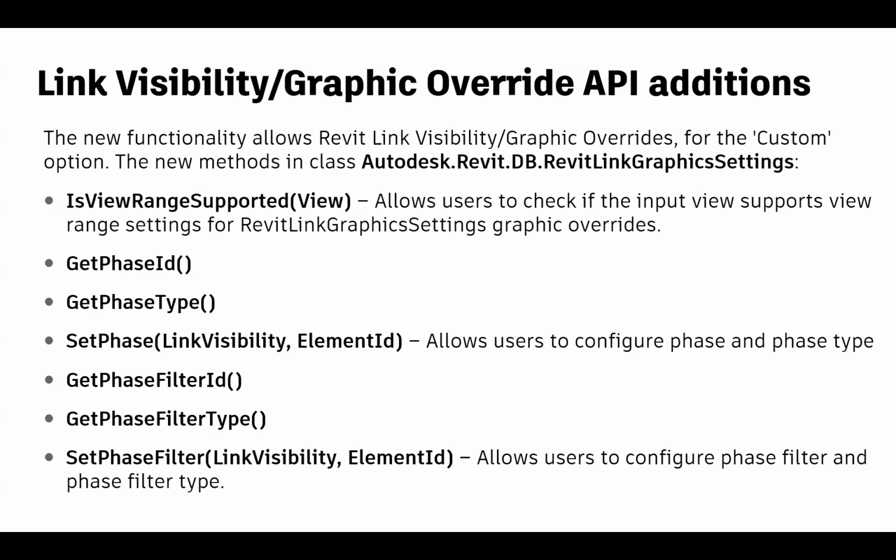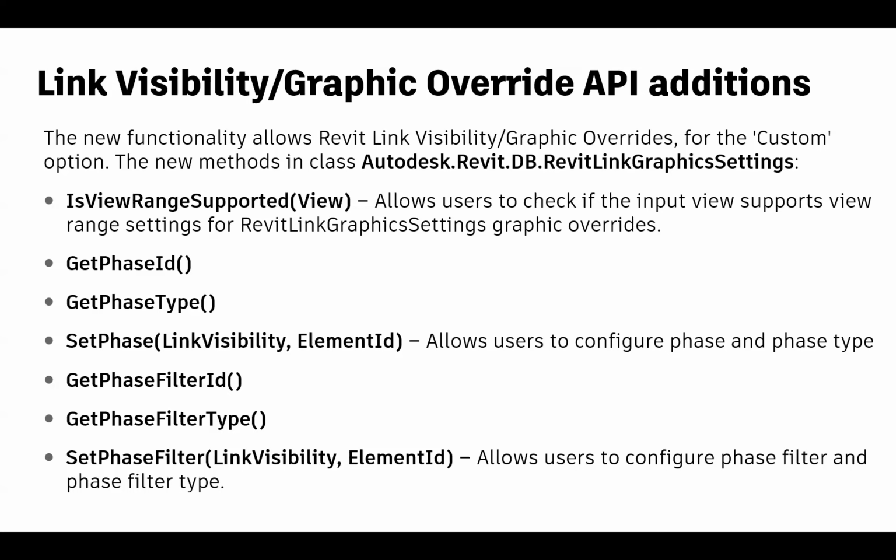All of them were available in UI for quite some time. Unfortunately, custom settings were not open in API yet, but we have now improved this, and the new functionality allows Revit link visibility graphic overrides for the custom option to be set programmatically.